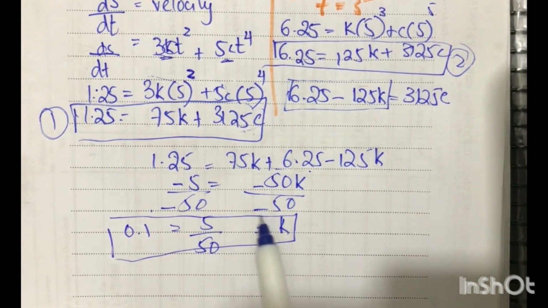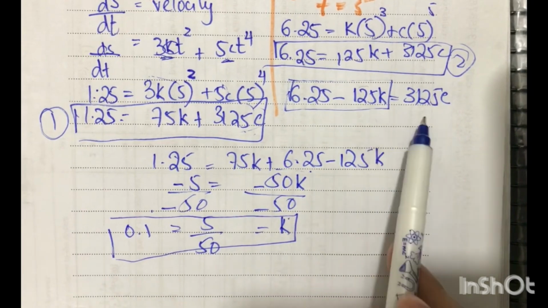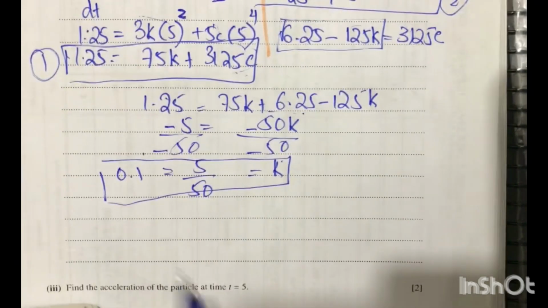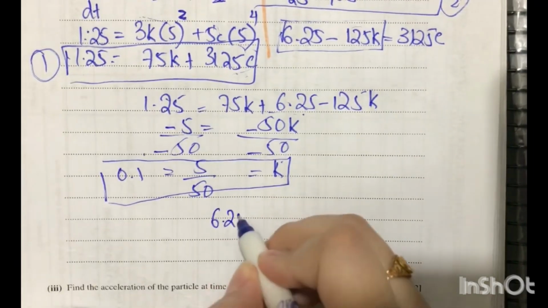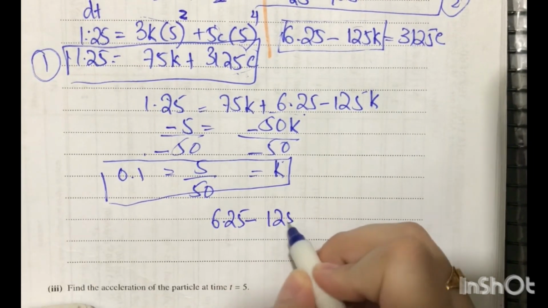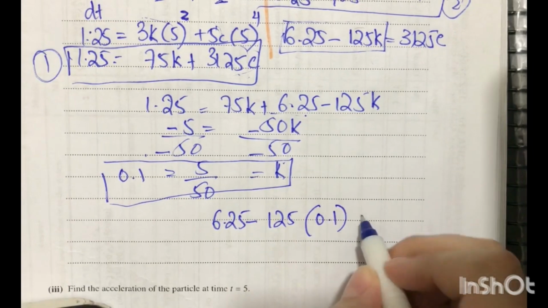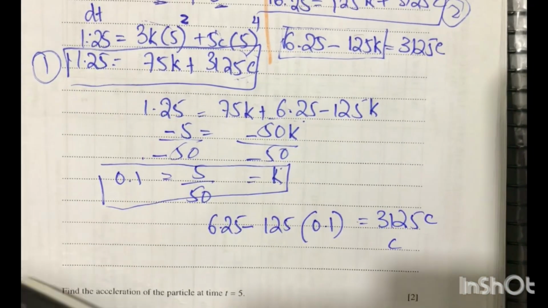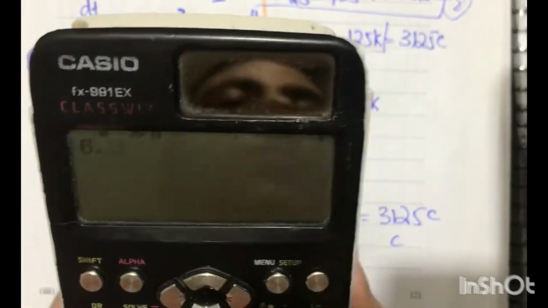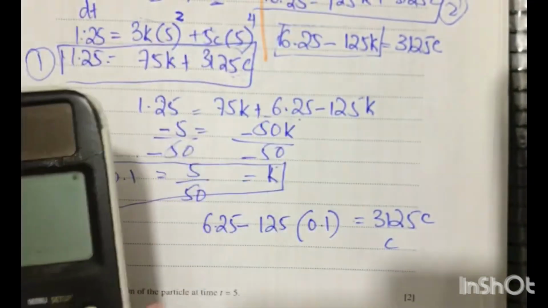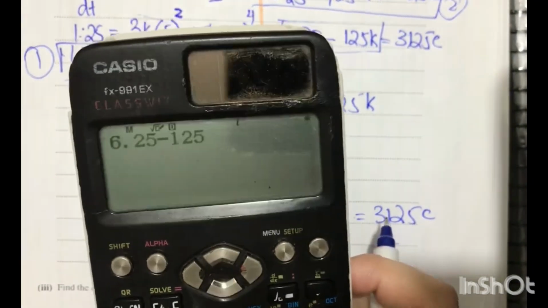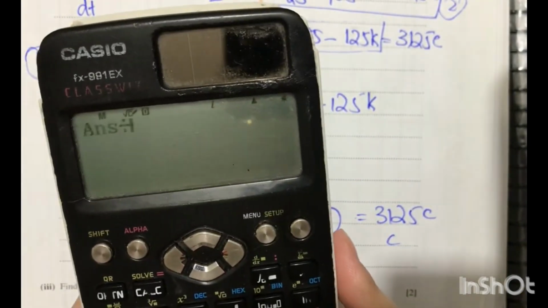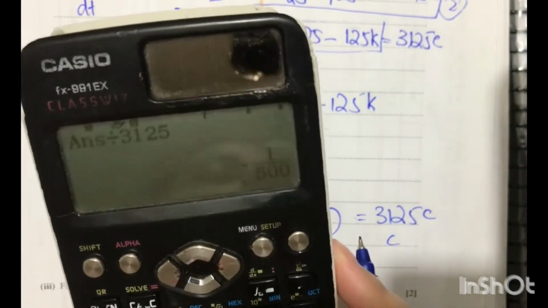Now we can substitute this value of k back in this equation and we can find out the value of the constant c. So 6.25 minus 125 times 0.1 is equals to 3125c. So c is equals to 6.25 minus 125 times 0.1, and then you need to divide it by 3125.